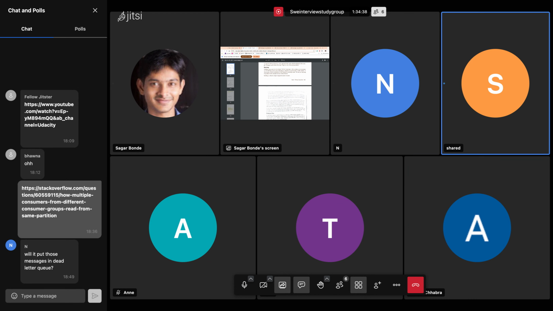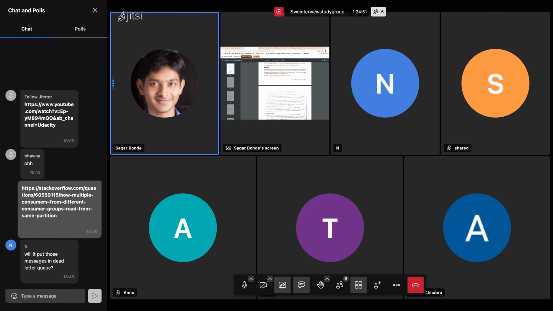Sagar, go ahead, please. Yeah, so just to add to Praveen's point, if we keep our batch size equal to that 4K size, then within a single read-write operation, we are importing and storing the whole batch.